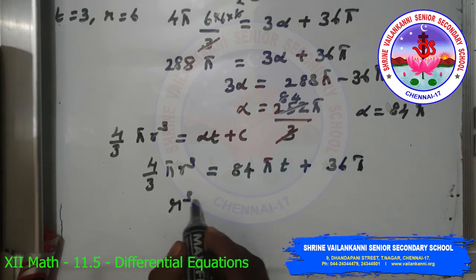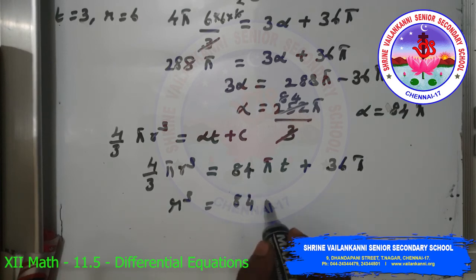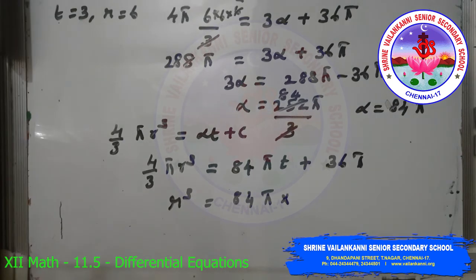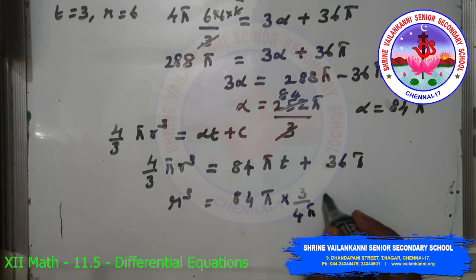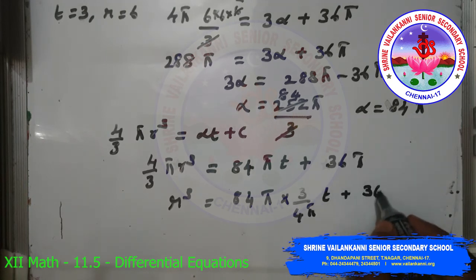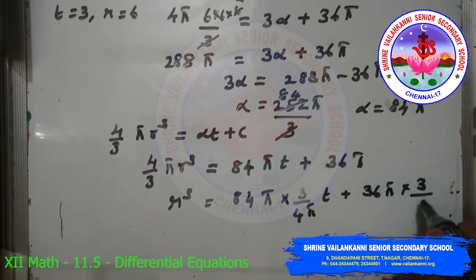So r cube equals 84 pi into 3 by 4 pi into t plus 36 pi into 3 by 4 pi.